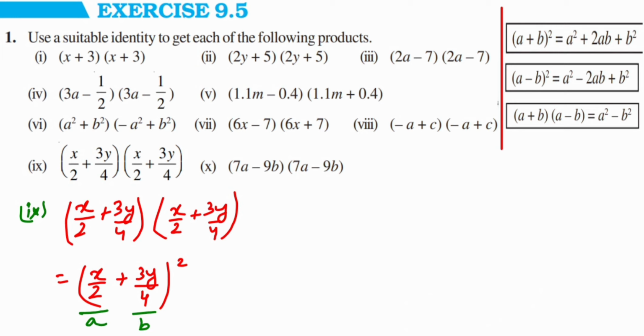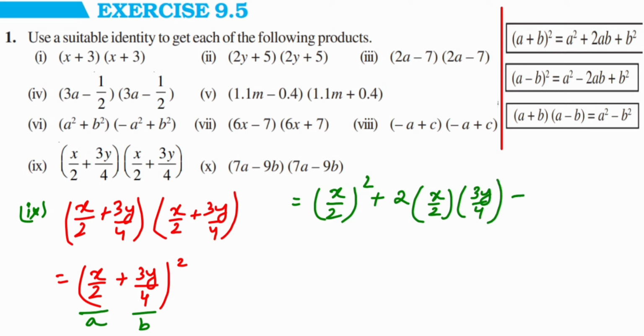So from here we can write this is equal to a square, so x upon 2 whole square, plus 2ab, so 2 into a value x upon 2, b value 3y upon 4, plus b square, so it is 3y upon 4 whole square.